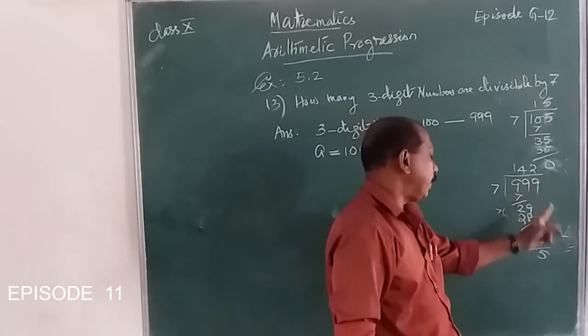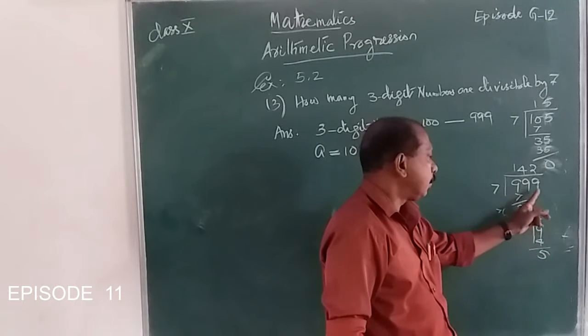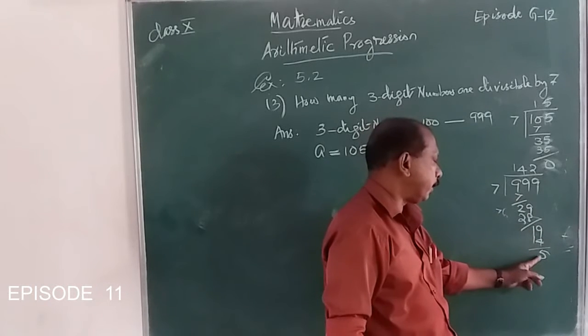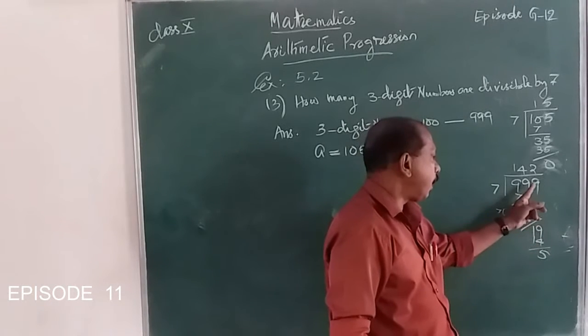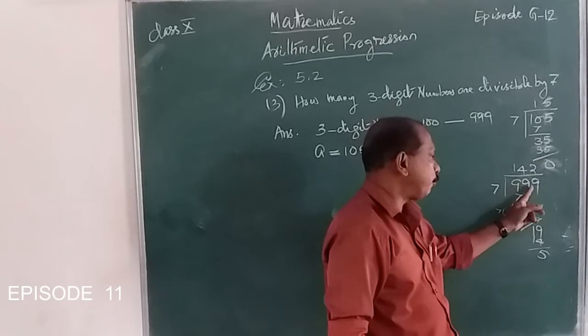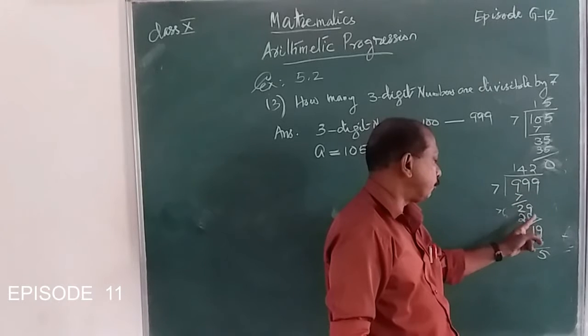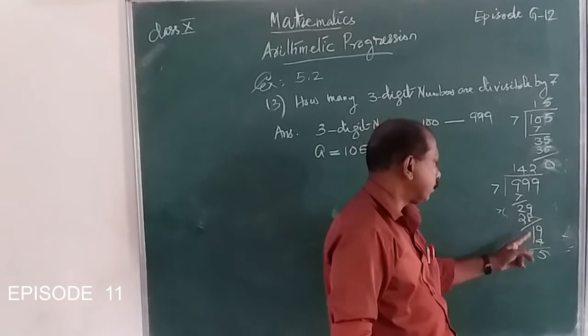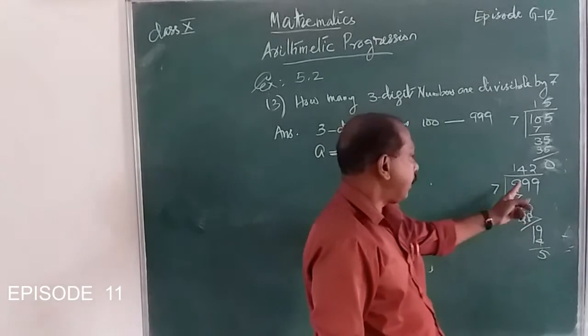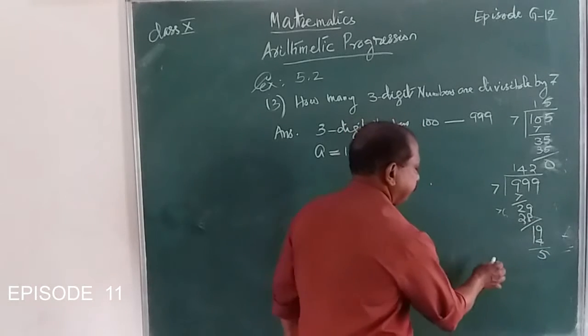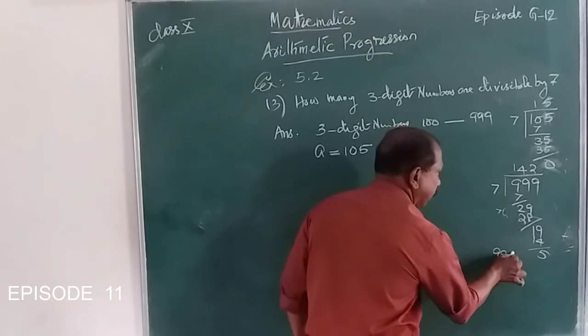Therefore, 998 remainder is 4, 997 remainder is 3. 999 minus 5, that is 994.